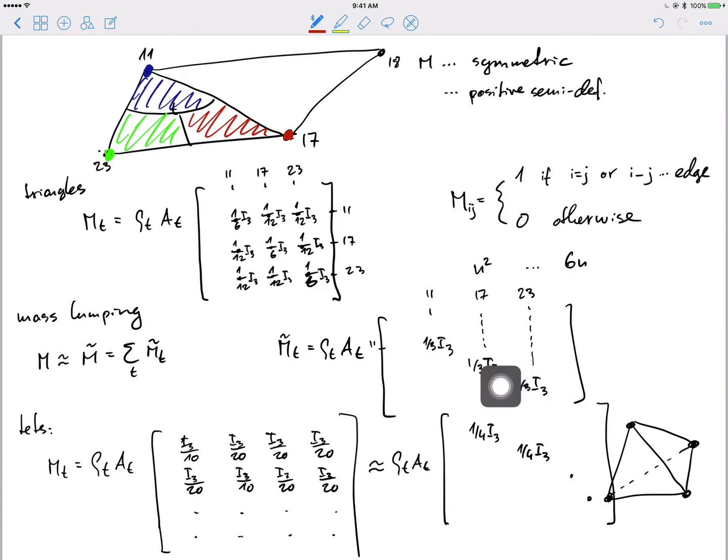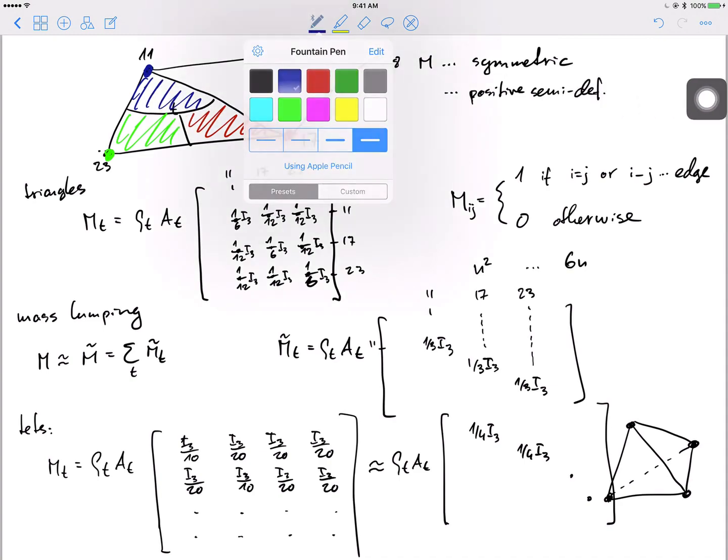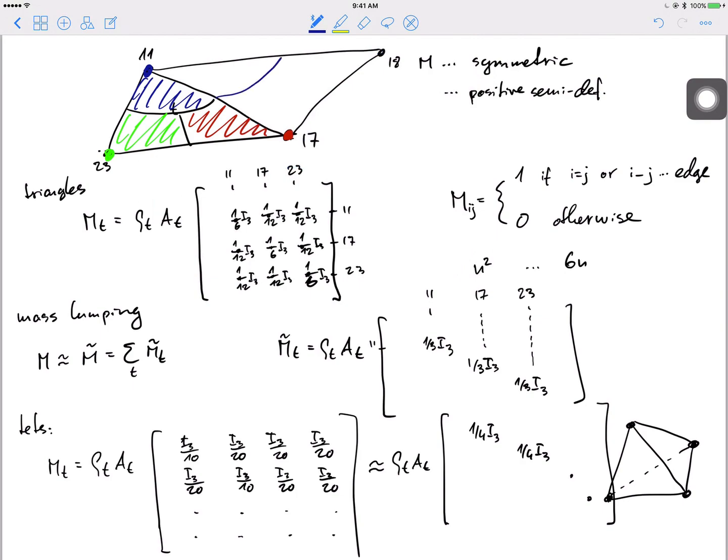That's really what this matrix is saying. Okay, and then you sum all these matrices for all the elements, and that means that you do this loop. So this element gets 1/3 of this triangle, then it would get 1/3 of the mass of that triangle, and so on. Okay, there might be some other triangles connected to that too.